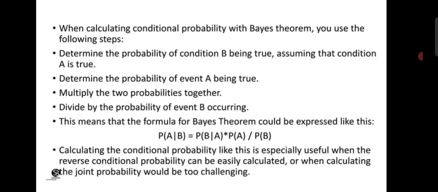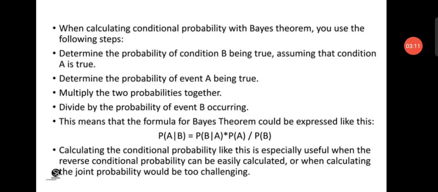Determine the probability of event A being true. Multiply the two probabilities together. Divide by the probability of event B occurring. This means the formula for Bayes' theorem would be expressed like this: P(A|B) = P(B|A) × P(A) / P(B).